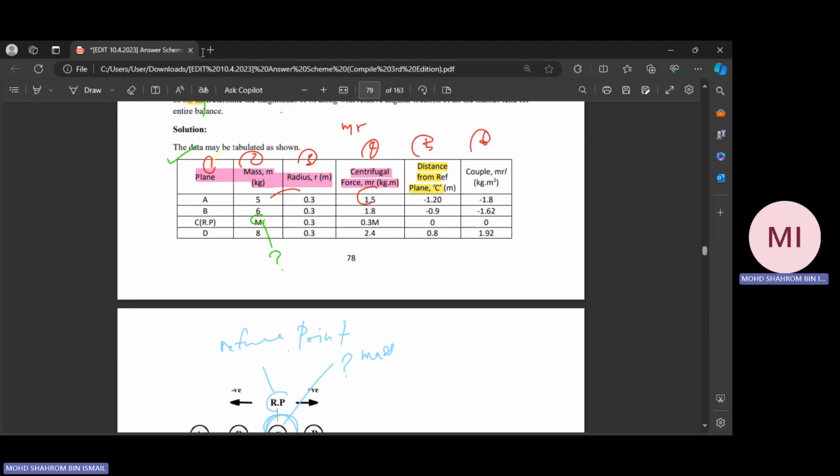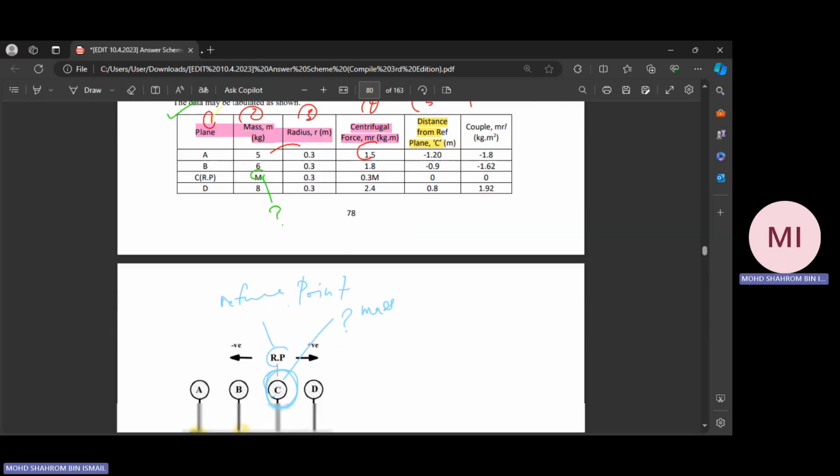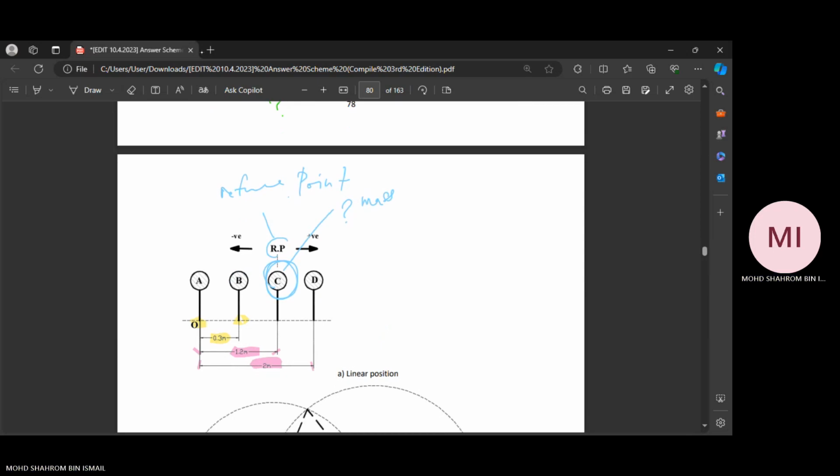Basically, distance from reference plane C. So A to C. You're not going to start from A. You're going to start from C. So it is from C to A.